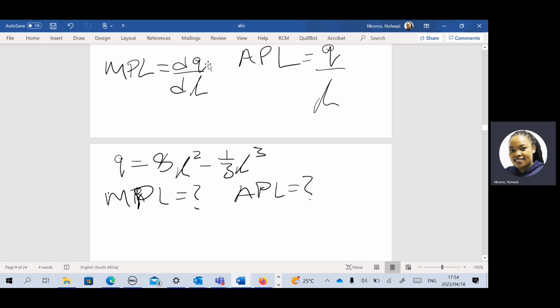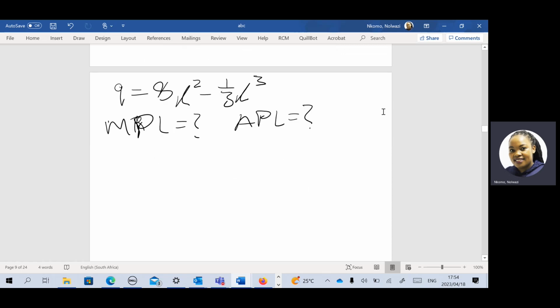Okay, going back to this equation, the marginal production of labor is found by differentiating the production function with respect to labor. So this means we have dQ over dL.